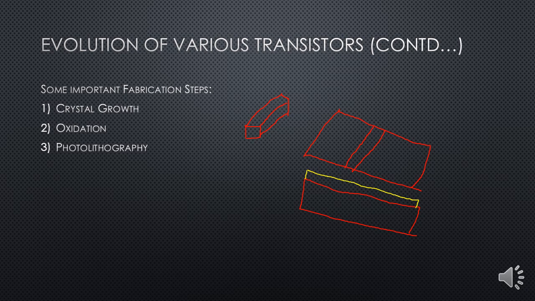We will pass the UV light of certain frequency through this mask, and wherever it has gone through the mask, that particular area will become soft. After that, we pass the required chemicals and etch it, and we will see something like this.